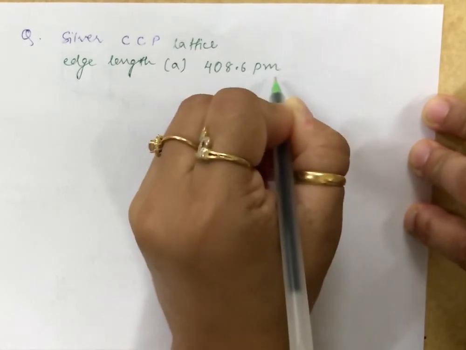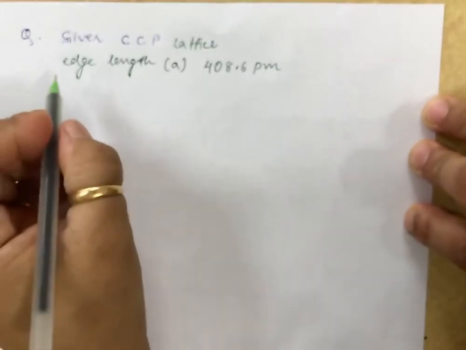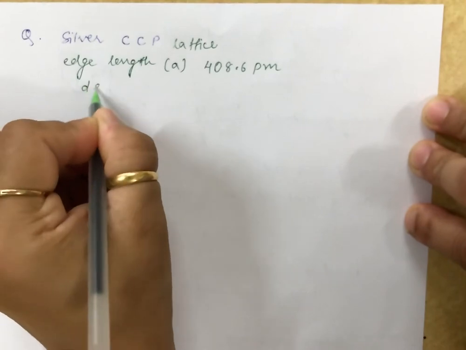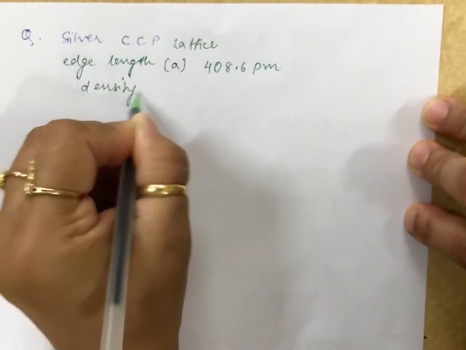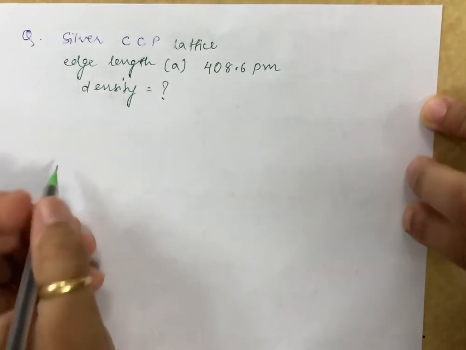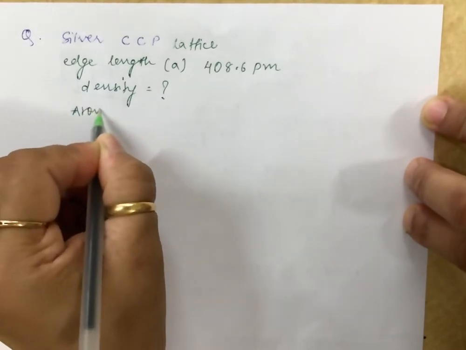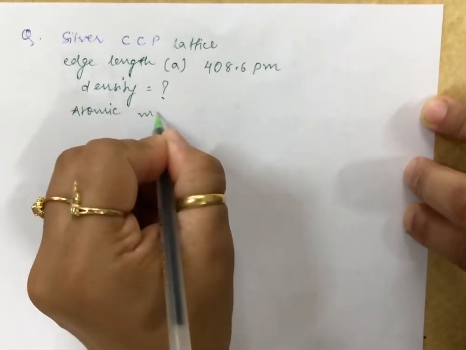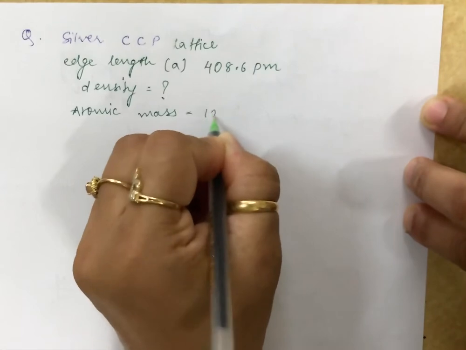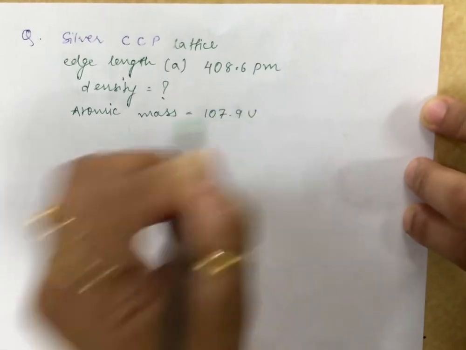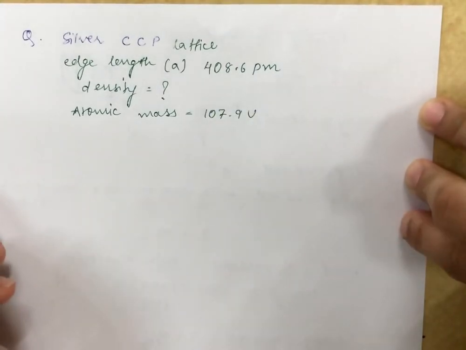Take a note students, it's picometers, and you are asked to find out the density. Atomic mass of silver is also given in the question as 107.9 units. Now how to solve this?